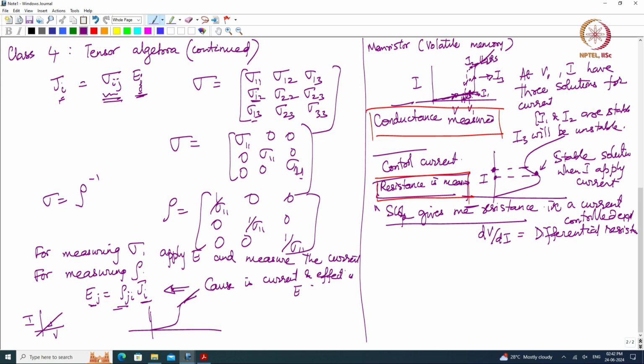So in a nonlinear hysteretic device such as this, resistance and conductance need to be measured separately. The experiment to do that is separate.